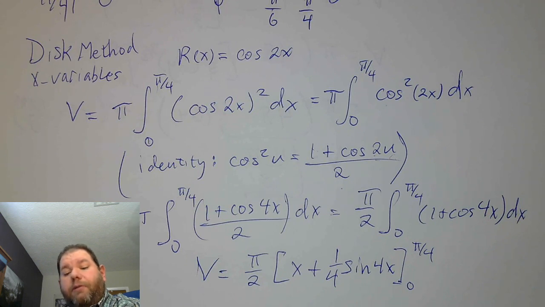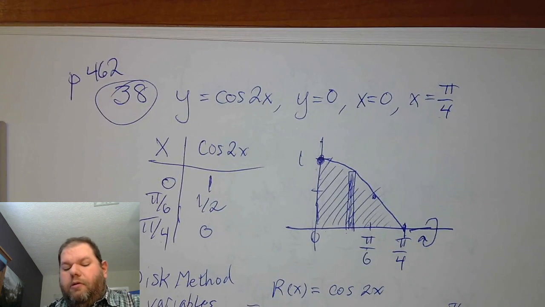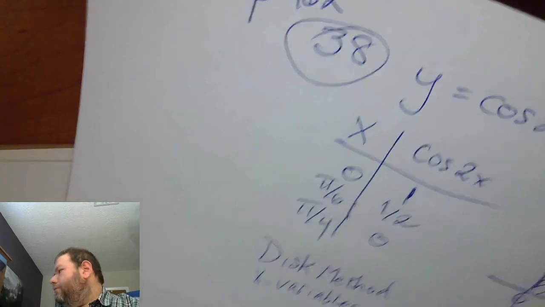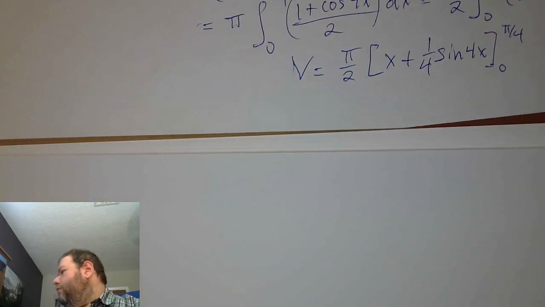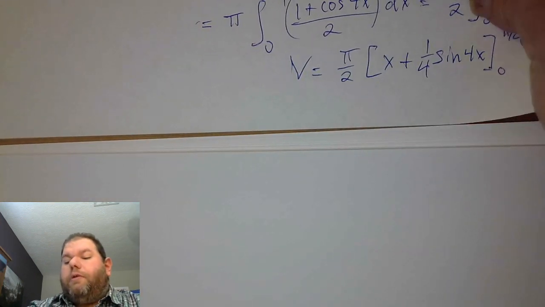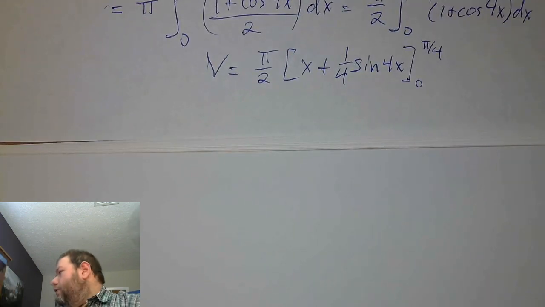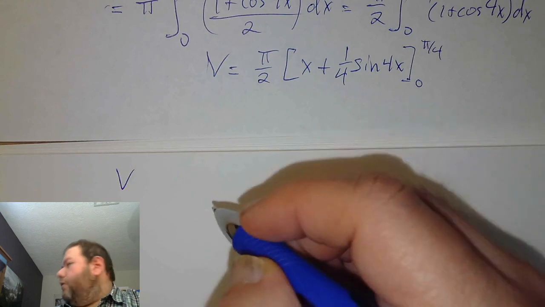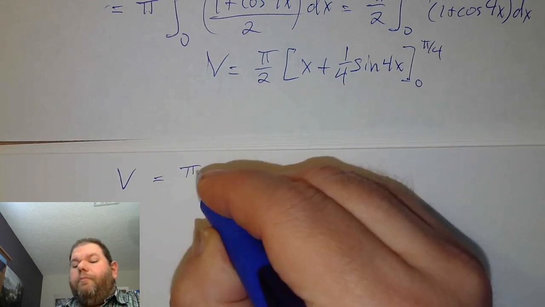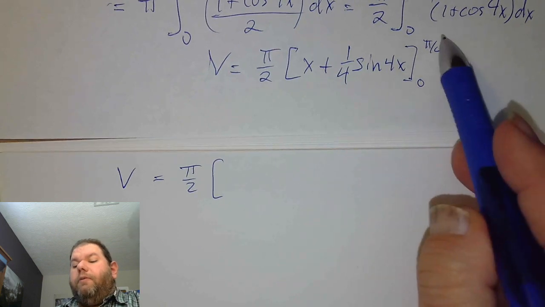Last thing we have to do now is plug in our limits of integration. So our volume, we'll plug in pi over 4 first.